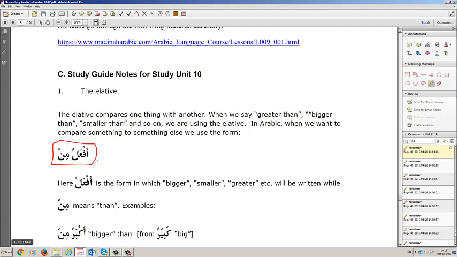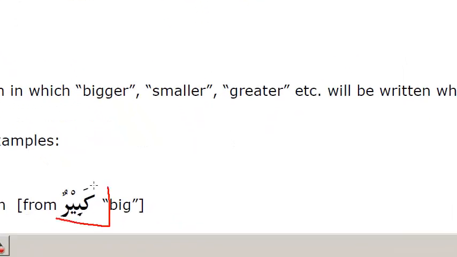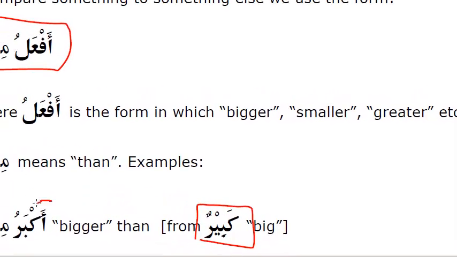So, for example, if you take the word bigger than. Big in Arabic, as you know, means kabir, kabirun. So you convert it to this form af'alu, and you get akbaru. Okay, kabir becomes akbaru.